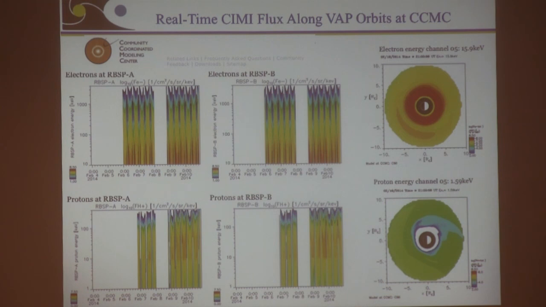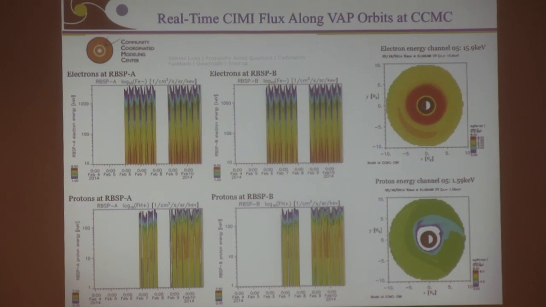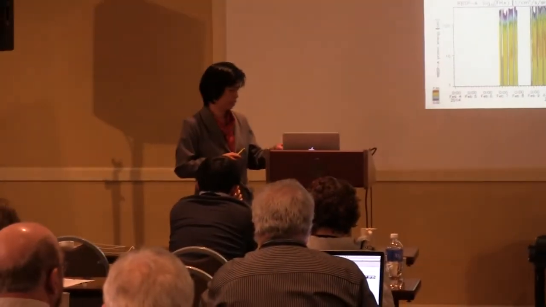Our plan is also to put in more physical parameters like electric field or atmospheric density. This is all output from CIMI. This is still a work in progress. Once we have confidence the code is running fine, then we will put that on the public site so everybody can see it.